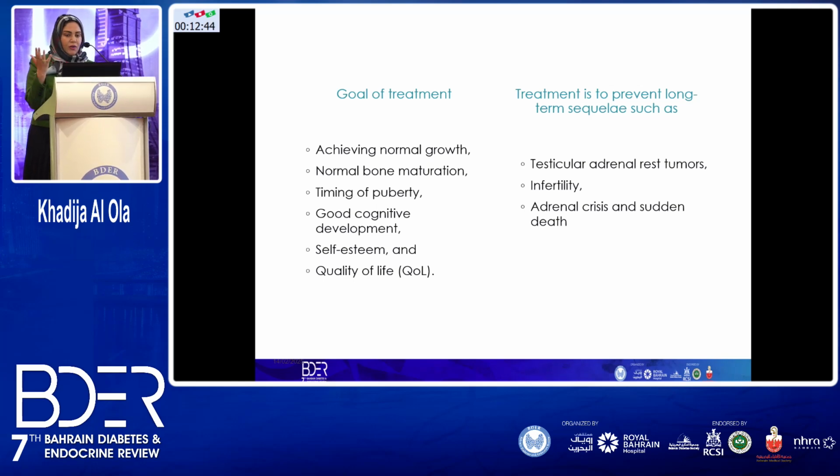And it can prevent long-term complications like testicular adrenal rest tumor. Those who are under-treated can have this. It's not malignant, but testicular tumors happen because of the high ACTH in the testis. It can cause infertility if not treated, and adrenal crisis, which can lead to sudden death.